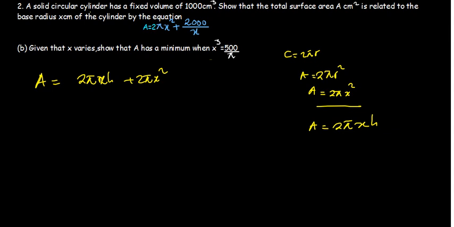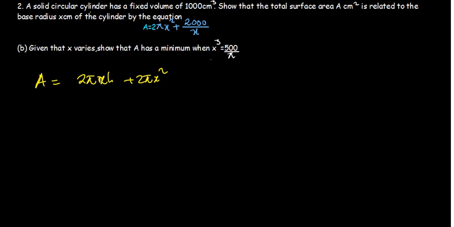Now after we do this, we can see that in what we want to prove, there is no height. But one thing that you've been given is a volume, and the volume of a cylinder is given by pi r squared h, and the volume is 1000. So making h the subject of the formula, using x for r, h is going to be 1000 divided by pi x squared.